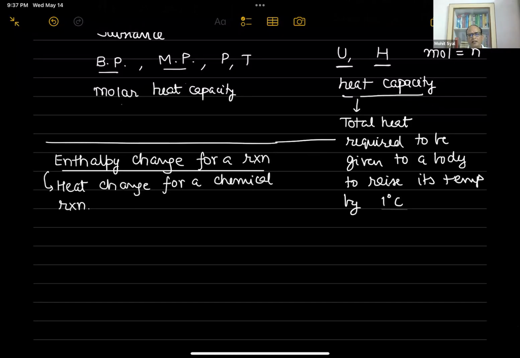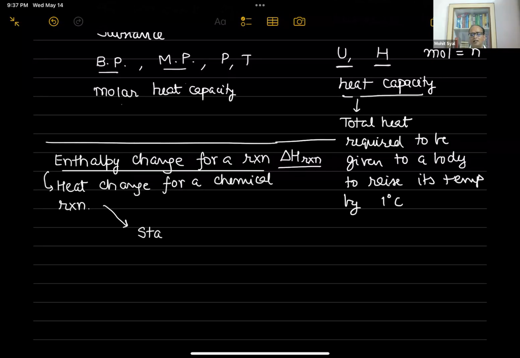When you take different temperature and pressure, you can have different values of delta H for the same reaction. So what you do over here is you calculate the standard delta H of the reaction.